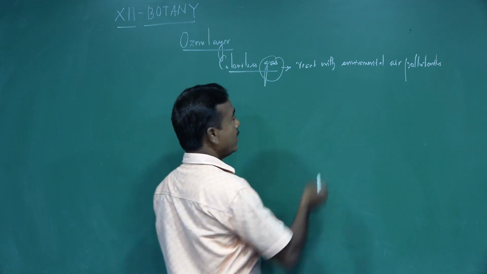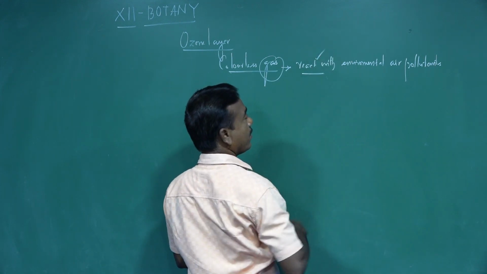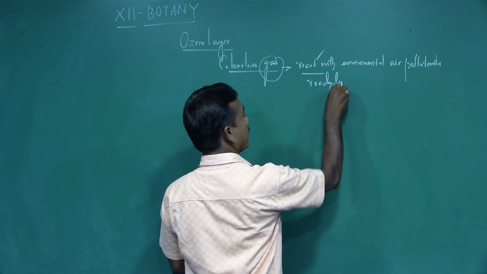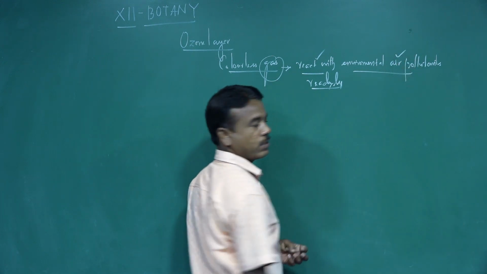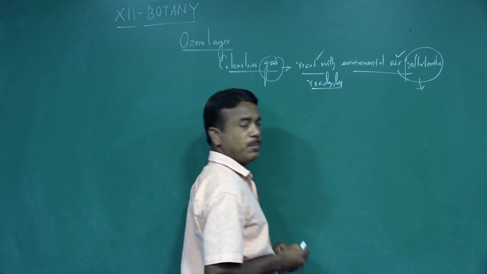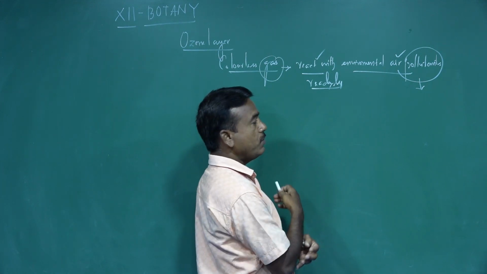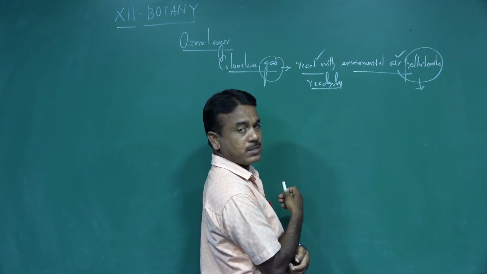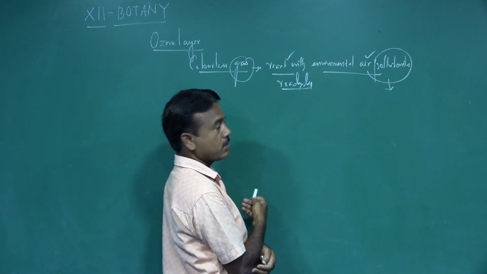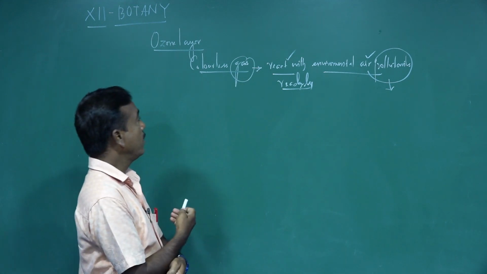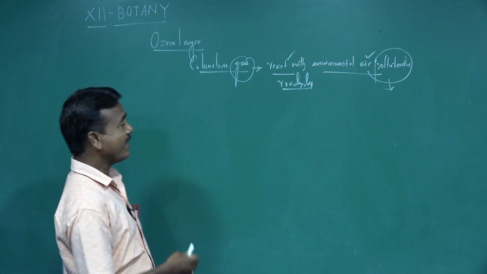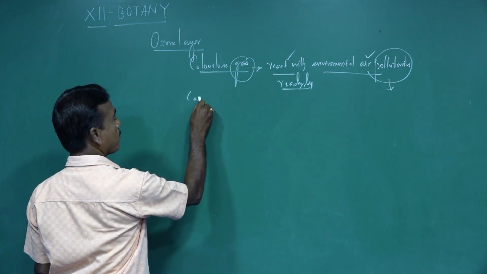It is easily or readily reactive with environmental air pollutants. So what do we mean by pollutants? A pollutant means a component or substance responsible for creating pollution. Here, the ozone gas reacts with environmental air pollutants, and it can cause some problems.